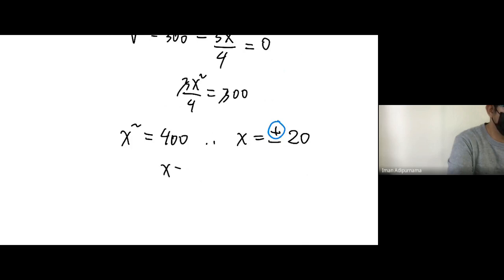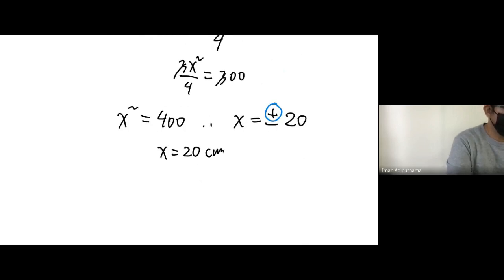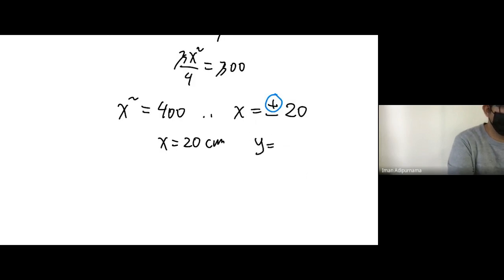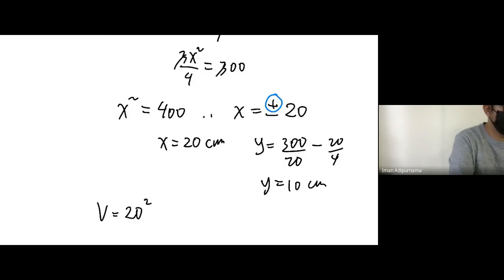So x should be 20 centimeters. So y will be 300 divided by 20 minus 20 divided by 4, and this will be 10 centimeters. So our largest volume will be 20 squared times 10, so 4,000.